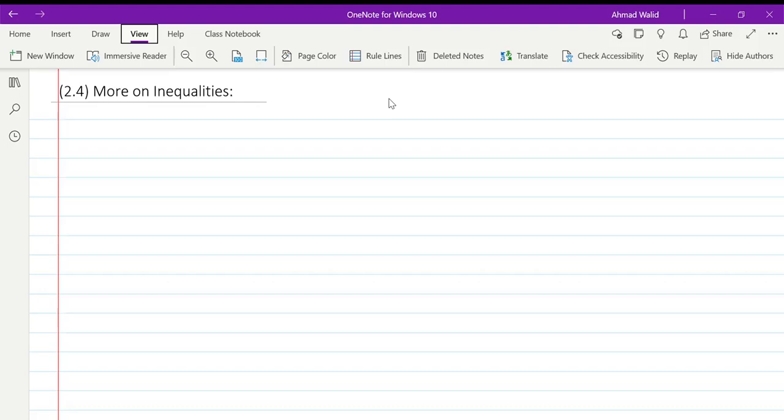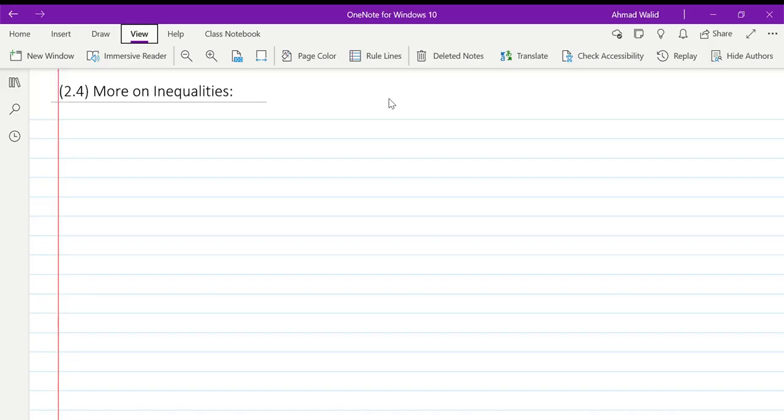Hello all, let's start section 2.4. In 2.4 we discuss more on inequalities. What more on inequalities? Actually, in this section we cover inequalities that are not linear.